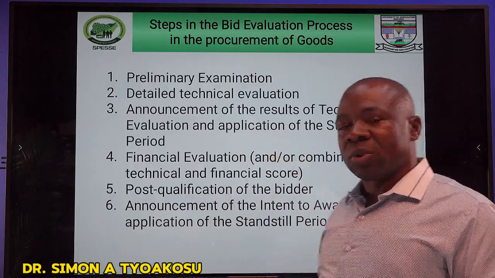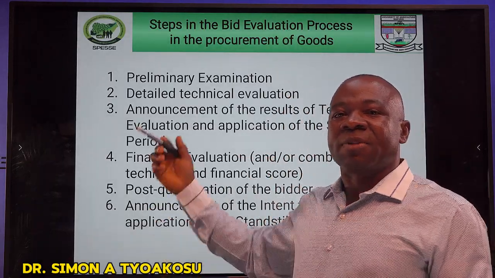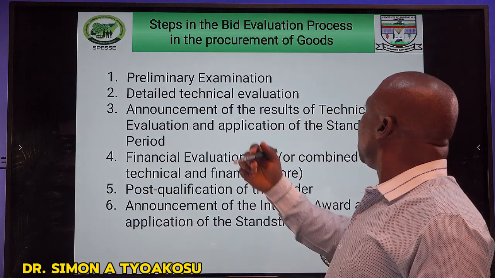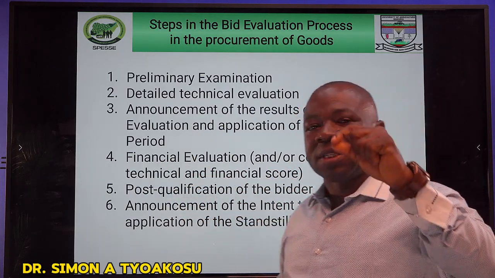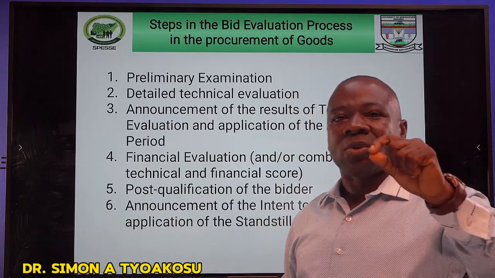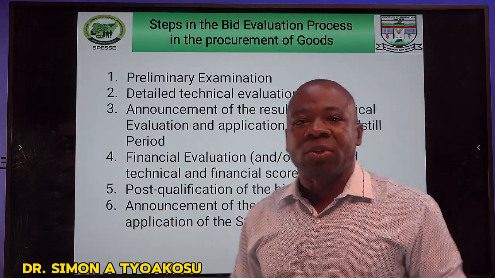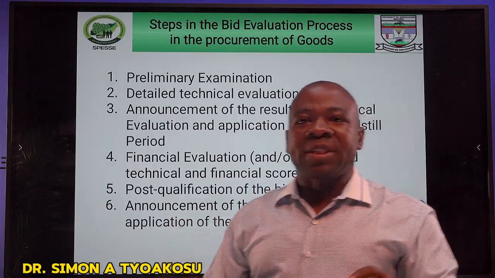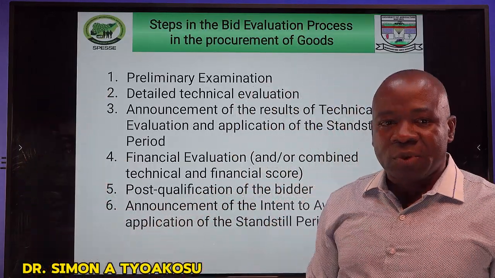Next is detailed technical evaluation. What are the technical specifications that were supposed to be met? What they have submitted, did it actually meet the specifications that were spelled out ab initio? Then the announcement of the results of the technical evaluation. There are some procurements where the technical evaluation is done separately from the financial evaluation.